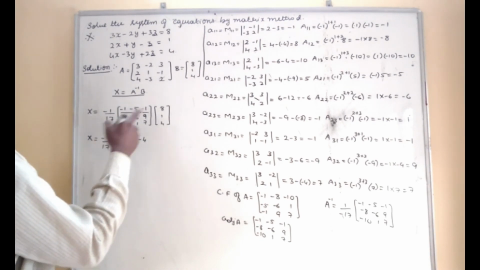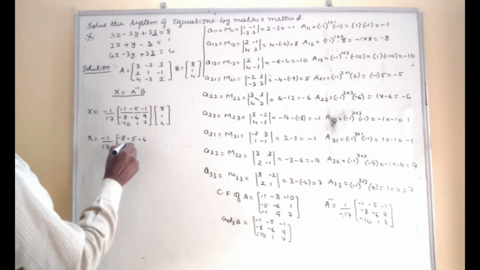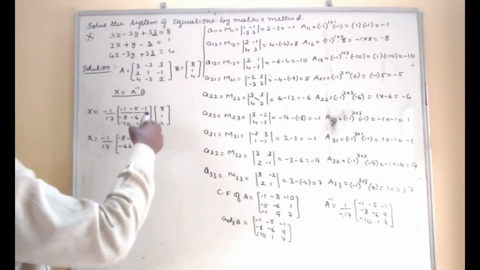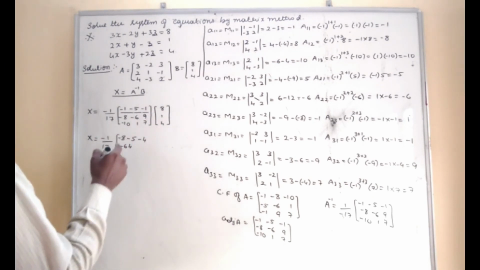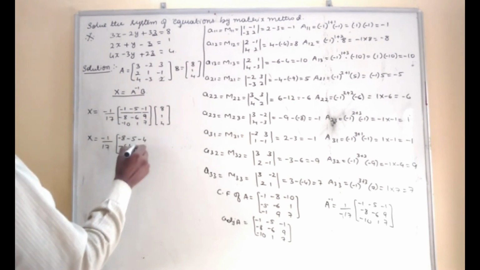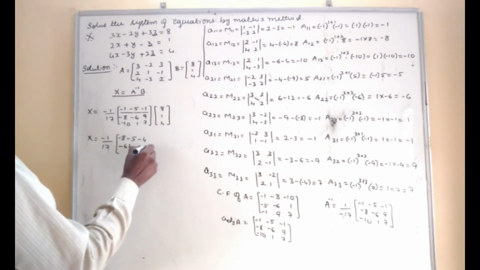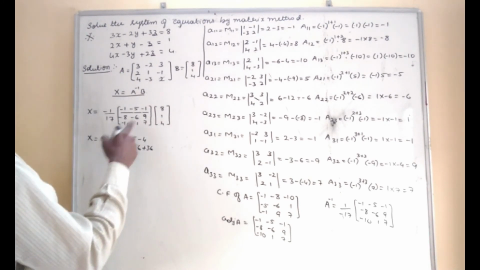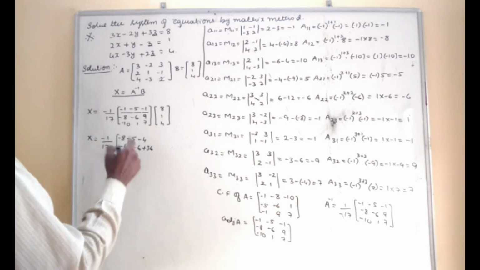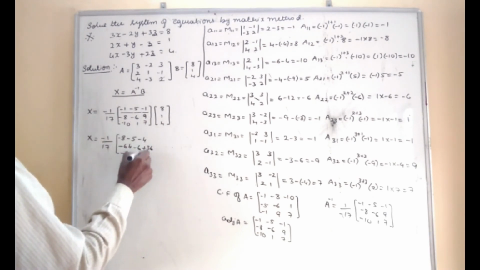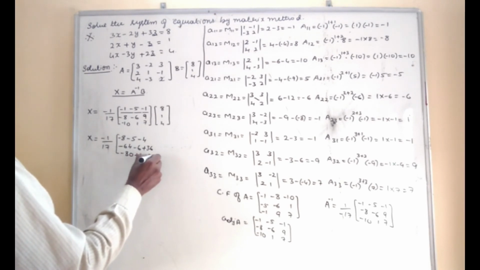Then again, 8 8s are 64, first row, first column. Second row, first column: minus 6, then 9 4s are 36, then minus 80, then plus 1, then 7 4s are 28.